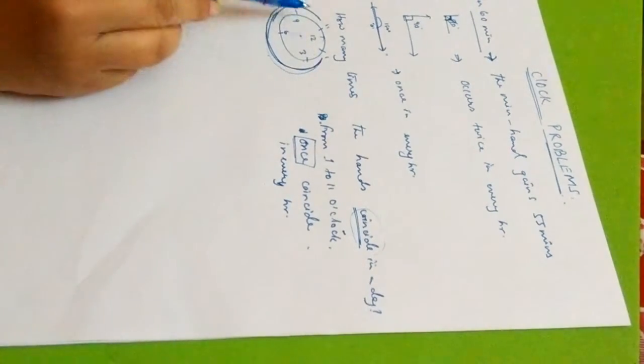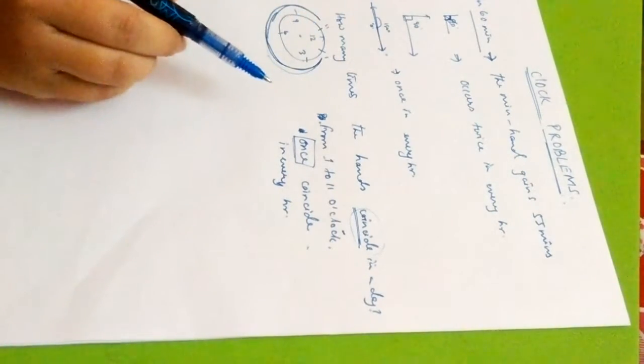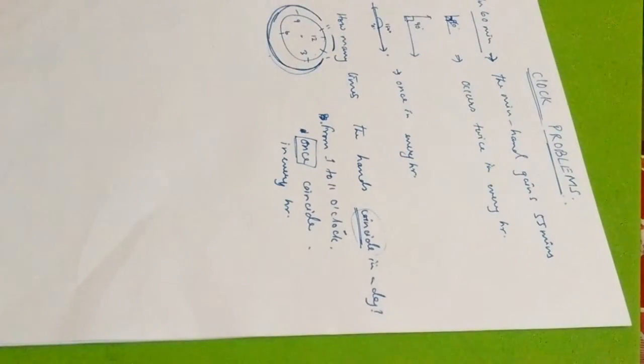Now let's talk about what happens exactly between 11 o'clock and 1 o'clock. Let me mark this portion of time with a different color.